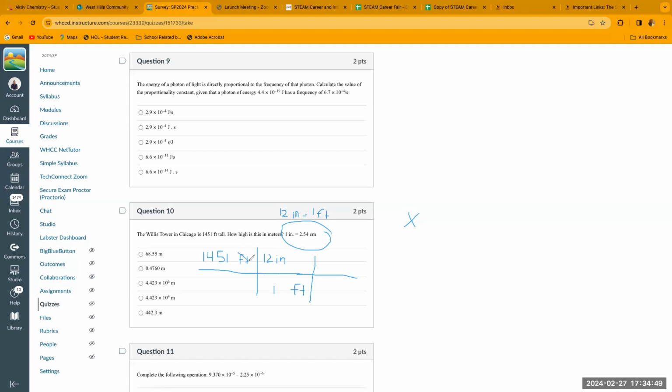Okay, so we've gotten rid of feet. They cancel each other out. So now we have inches on top. So if I want to get rid of inches, that's right. I'm going to put inches on the bottom. And then we're going to put our 2.54 on top, and that's centimeters.